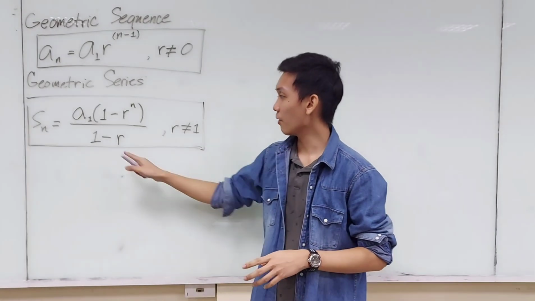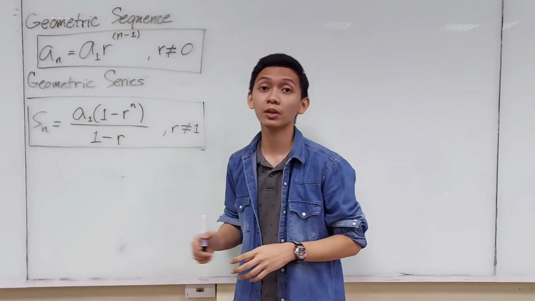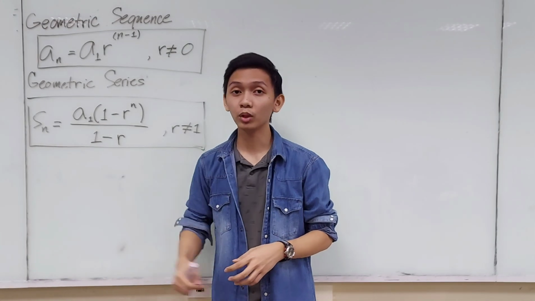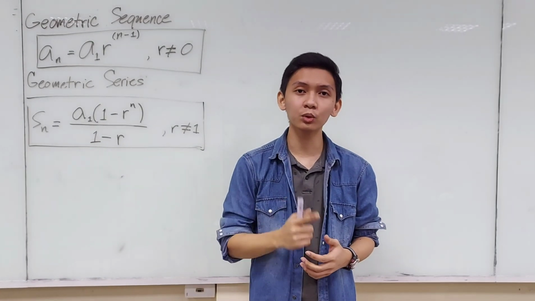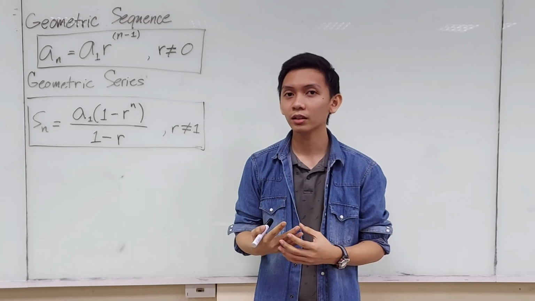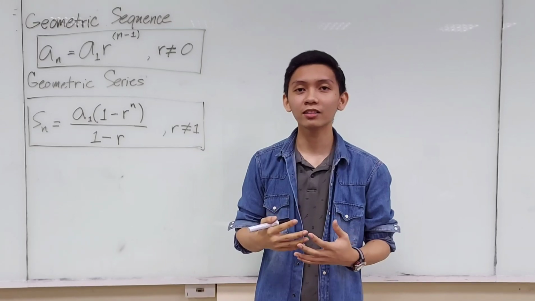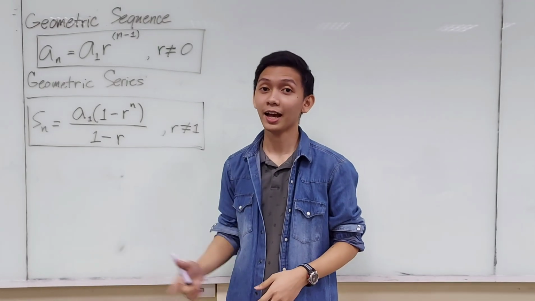Why? Because if r is equal to 1, the denominator will be equal to 0, and S sub n will be undefined. So first thing to do is determine the value of r. If it's equal to 1, just simply answer undefined. But if it's not, proceed to this formula.